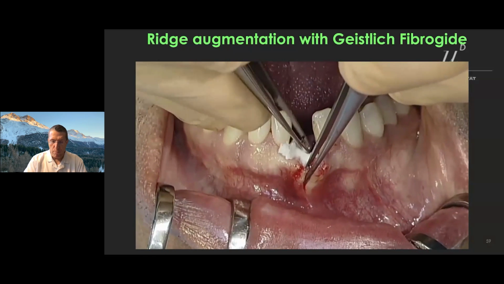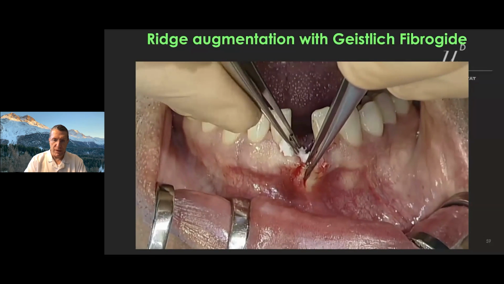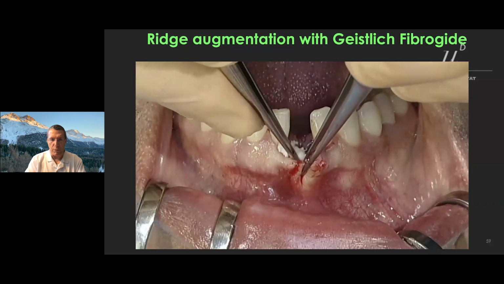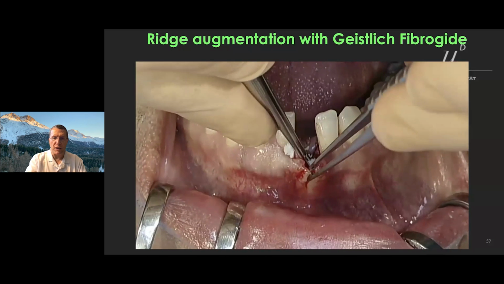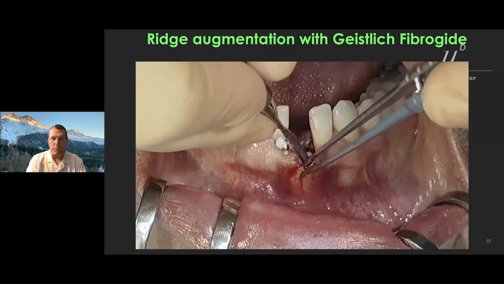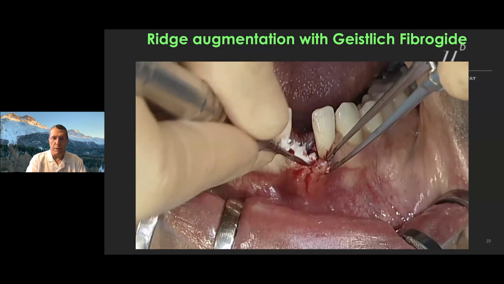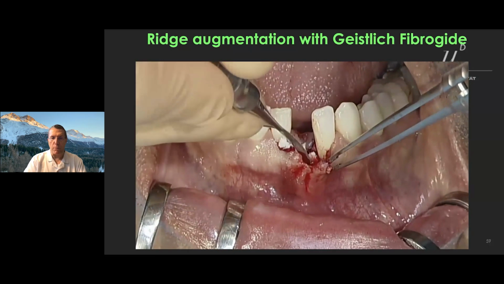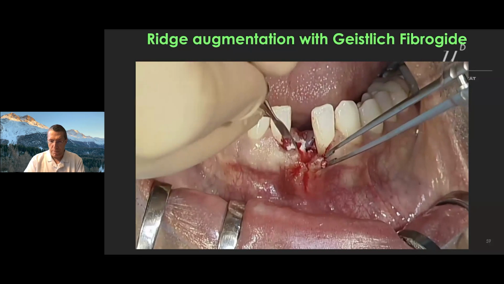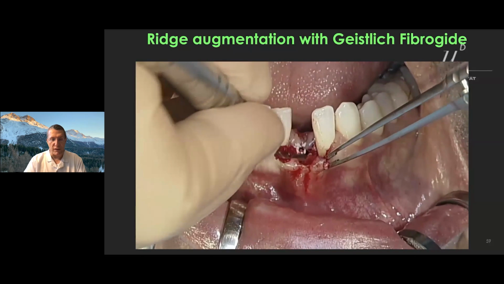So we have to press it into the defect. But immediately when the material is getting in contact with the blood, you can see how the blood is absorbed in this 3D sponge. And this is very important because it indicates the high biocompatibility of the material. And if we have the blood clot there, we have already all the growth factors.